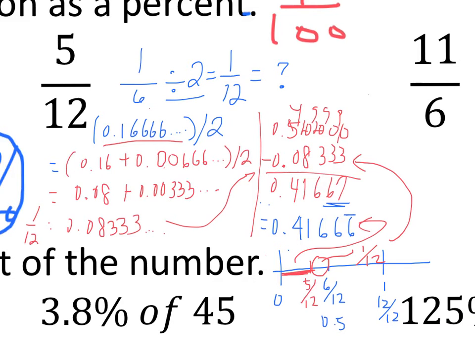So technically, if you can remember 1 over 6, which is equal to 0.16 repeating, and solve all of this in your head to get 0.08333 repeating, and subtract that from 0.5 to get 0.416 repeating, you can do it really fast. But if this way is too complicated for you, then just simply divide.